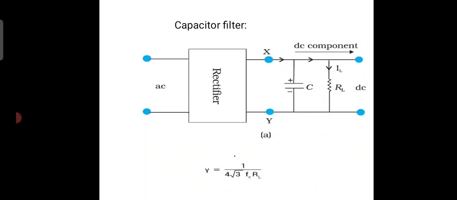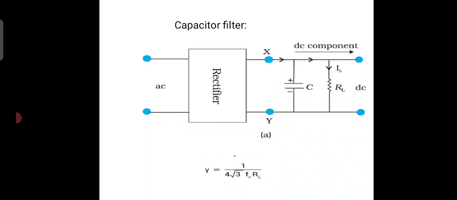When a pulsating voltage is applied across a capacitor, during the increasing value of the voltage, the capacitor is charged, that is, it stores energy in the form of an electrostatic field, which means when an AC signal passes through the capacitor, there will be charging of the capacitor.